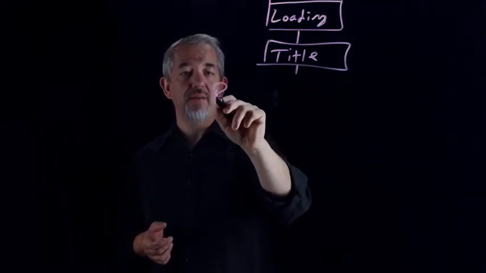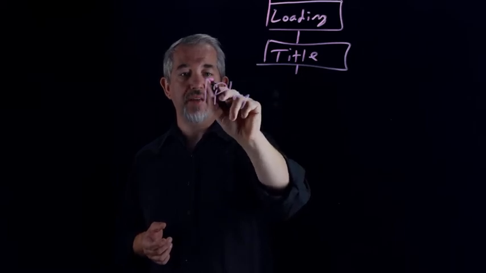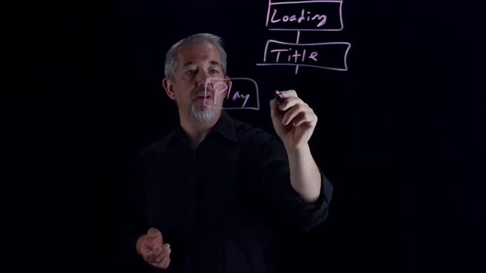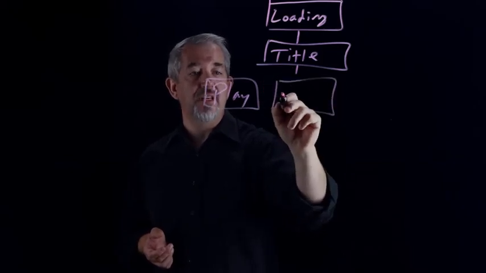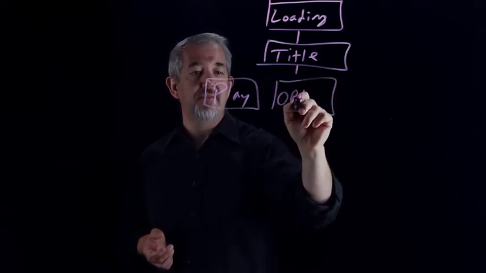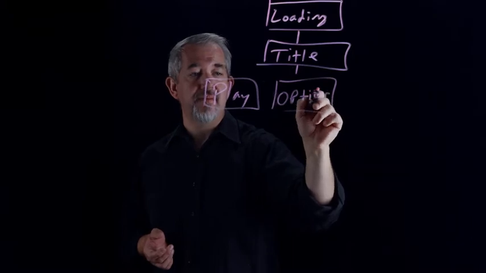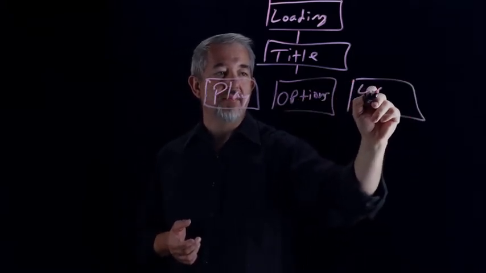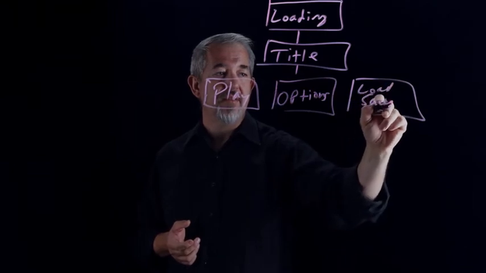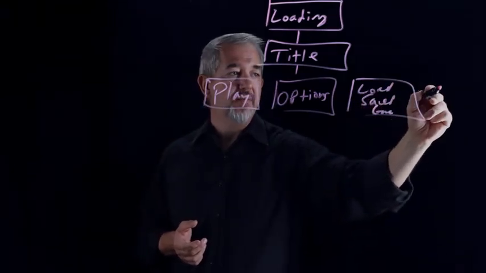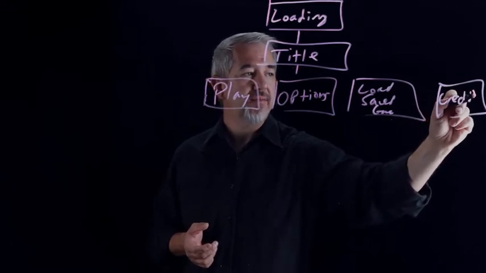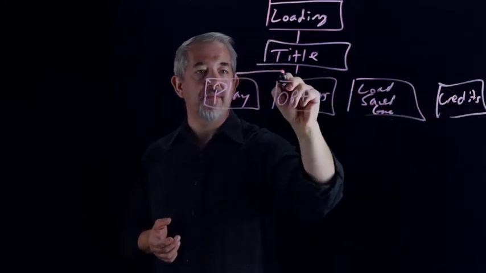We can likely play, or start game, that kind of thing. We could set up options, and then maybe there's a load saved game. And then maybe, if we're being nice, there'll be a credits.